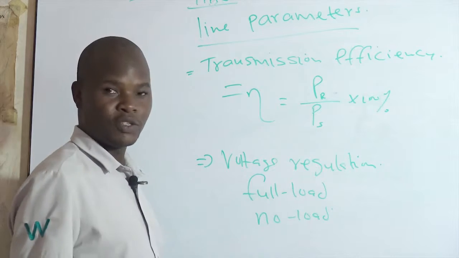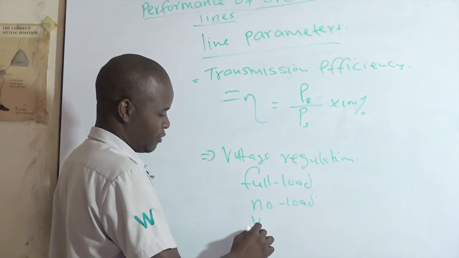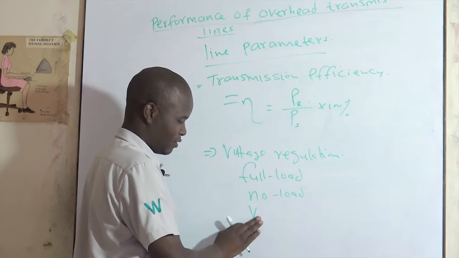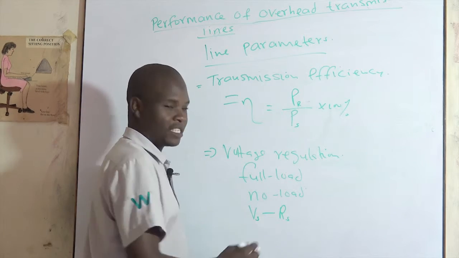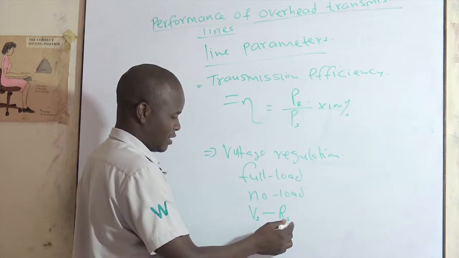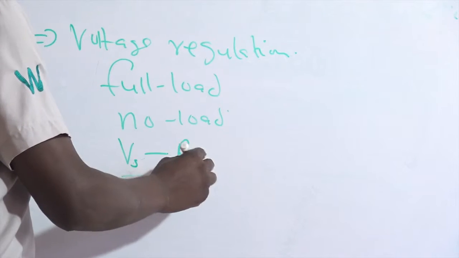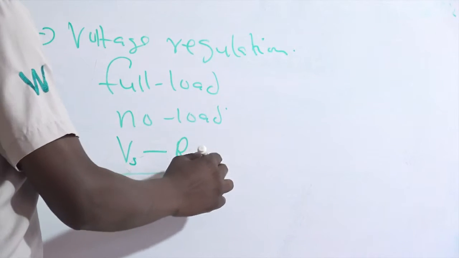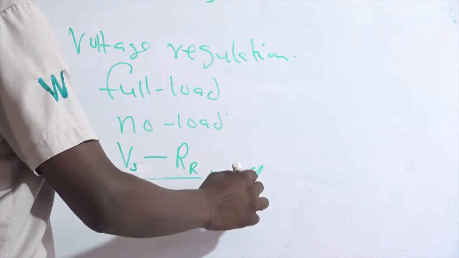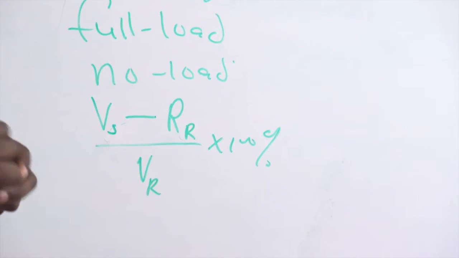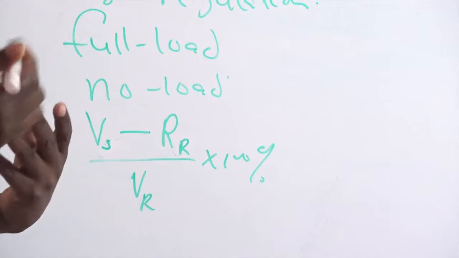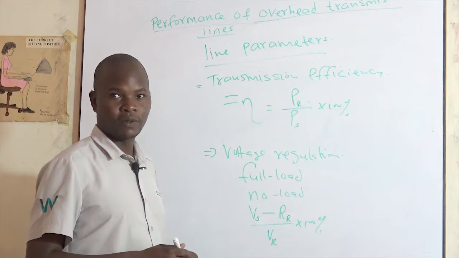If you take the voltage sent from the substation minus the voltage received at the far end, divided by VR, times 100%, you get the voltage regulation. This is desirable when it is closer to zero.